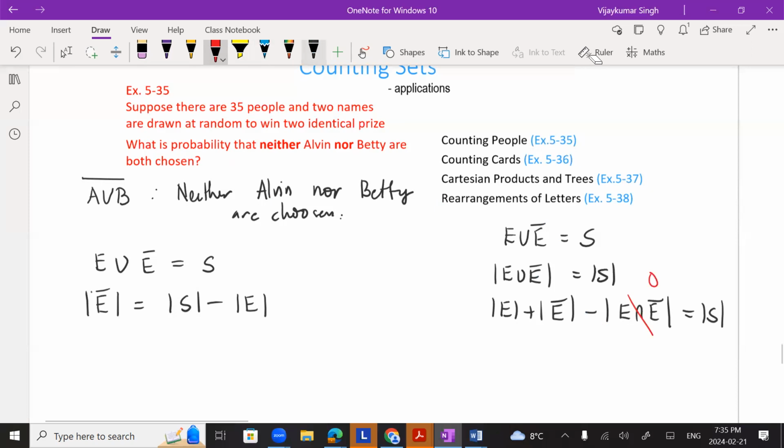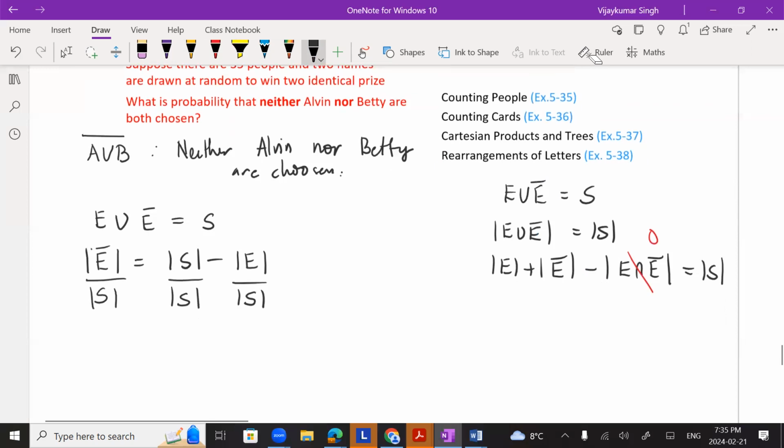So if you take any event E and you add the size of E and the size of E complement, you'll always get the size of S. So what's the point of all this? The point is that you get quite a nice result here. Divide throughout by the size of S. What is this?